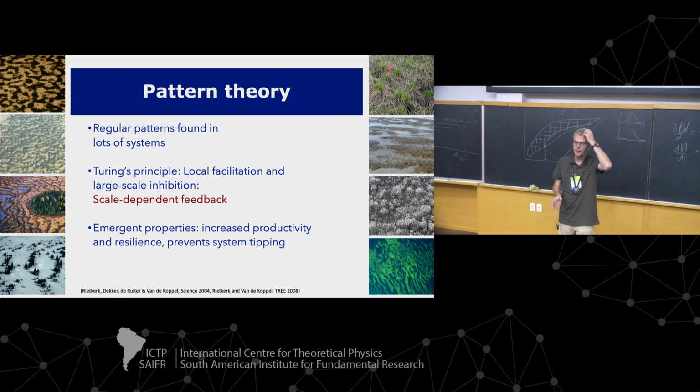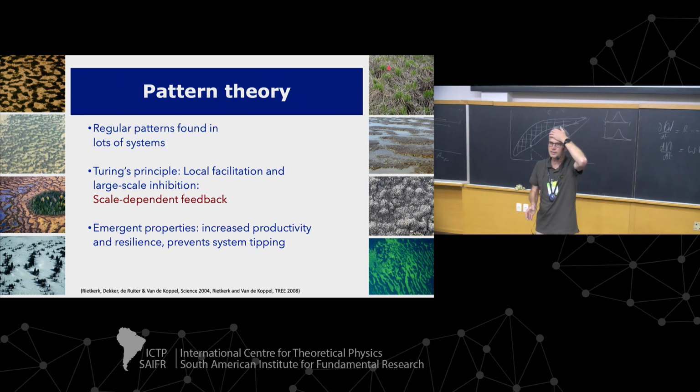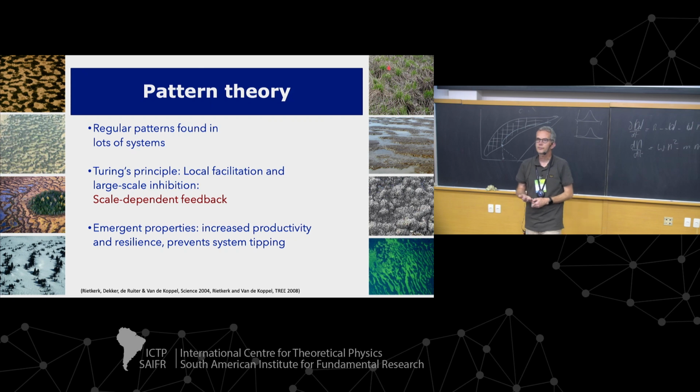But it's really interesting that we see these configurations everywhere in ecosystems that have local facilitative interactions and long-range negative interactions. Is it something that comes out of the processes that drive life? I don't know. And it's very common.